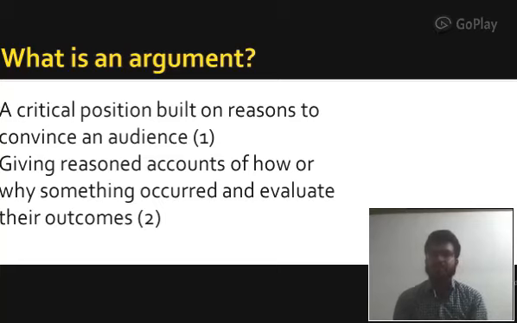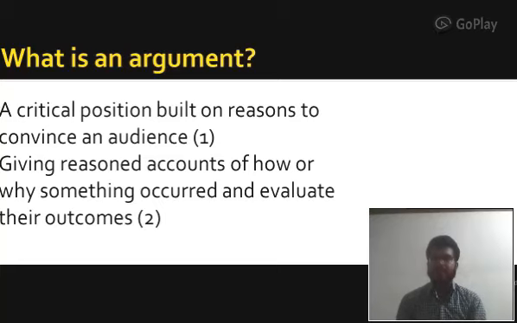In simple words, an argument is your own individual interpretation on the topic, your own personal but well-founded opinion on the topic or the text you have chosen for detailed study.